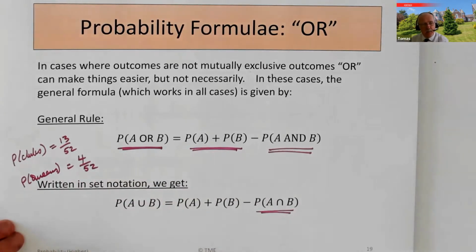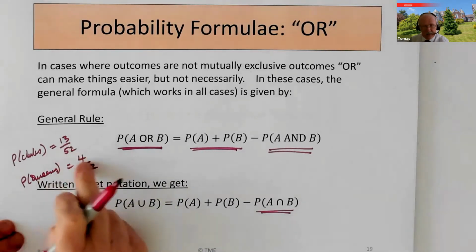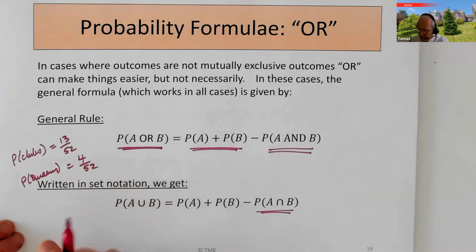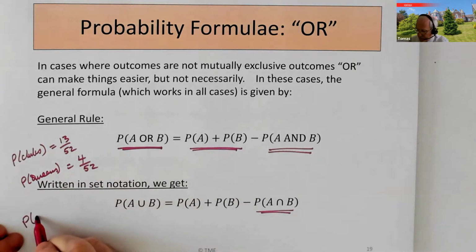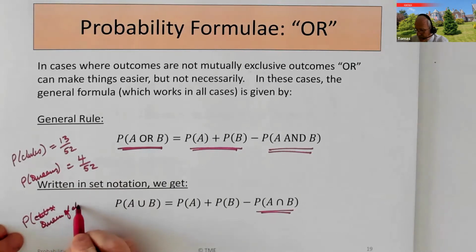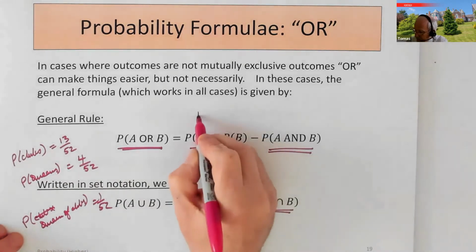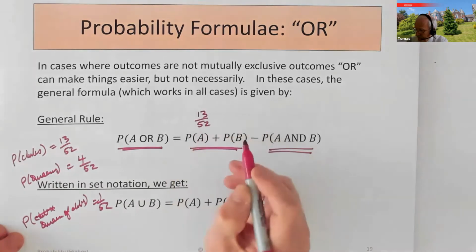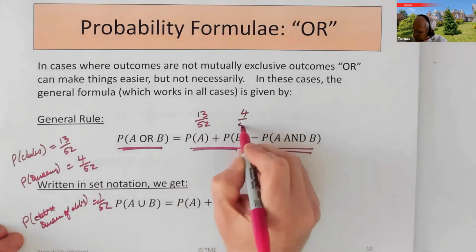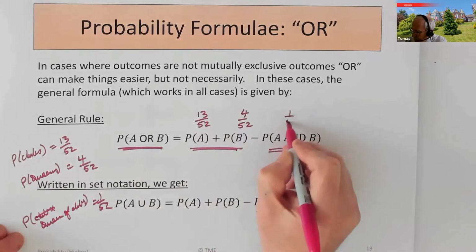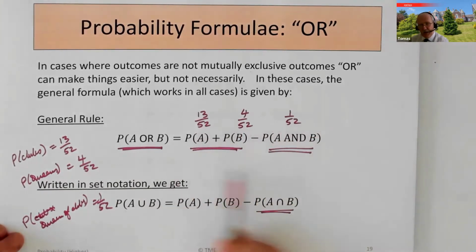But when we added them up, queens or clubs, we didn't get 17, because queen and clubs, or queen of clubs, there was 1 of those, 1 over 52. So what we found was the probability of clubs might be 13 over 52, plus 4 over 52, minus 1 over 52.